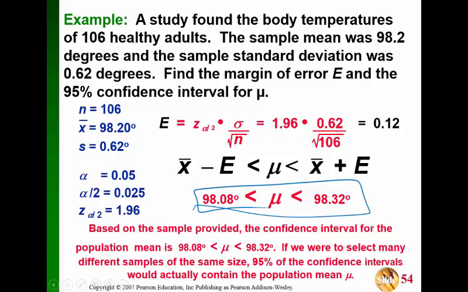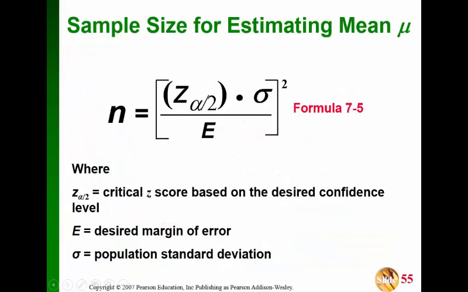You make one little mistake here, you don't get 0.12, you get 0.15, and now all of a sudden you're not getting the right answer. You go back and redo everything over, and it's a big mess. So use your calculators. Okay, the next topic is sample size.